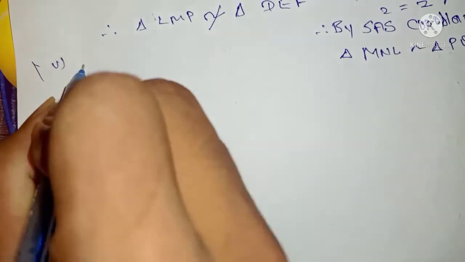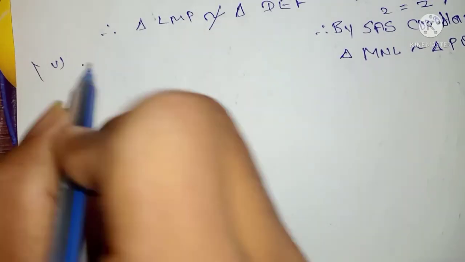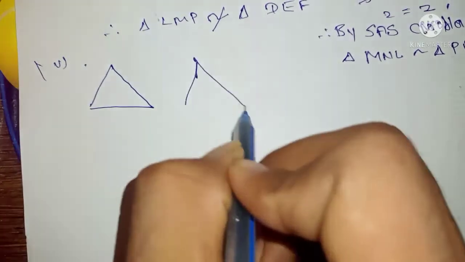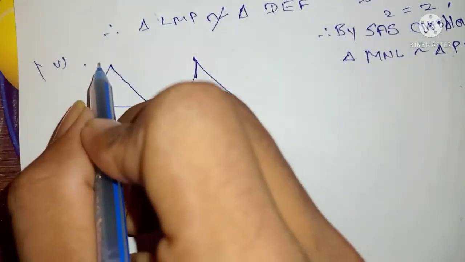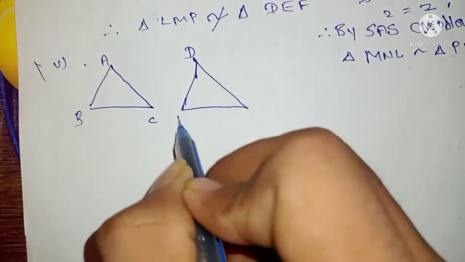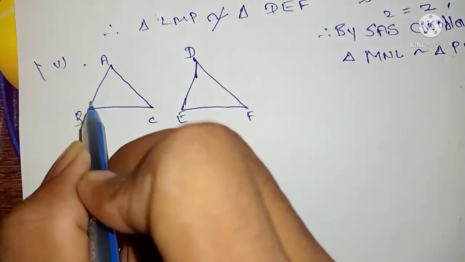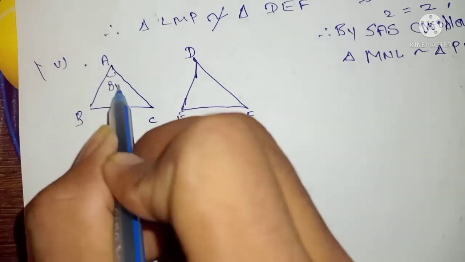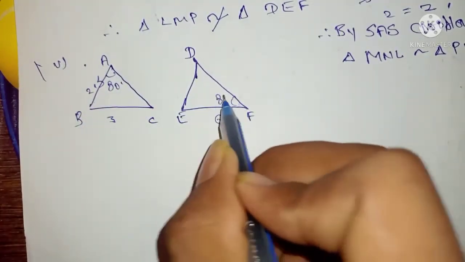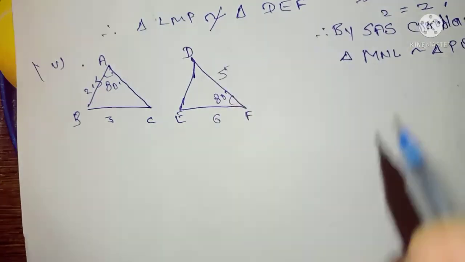Let's move to the fifth question. When we go with the fifth question, we can see here ABC, DEF. Angles are 80 degree, 3, 2.5, 6, 80 degree, 5.